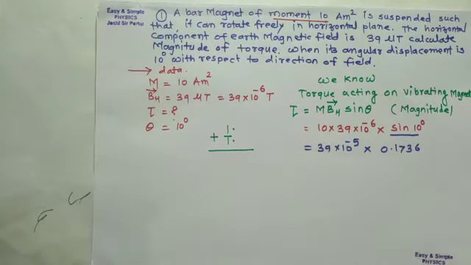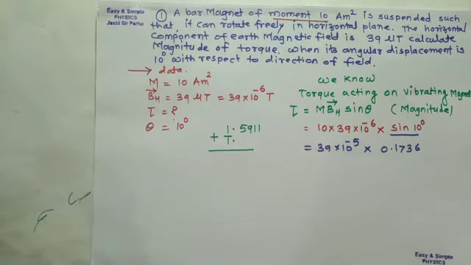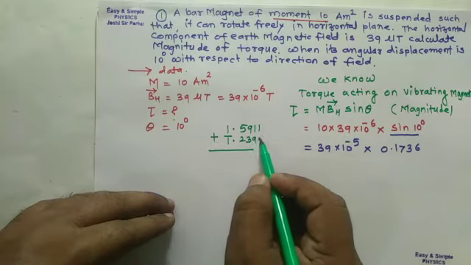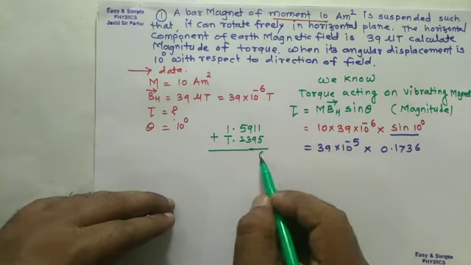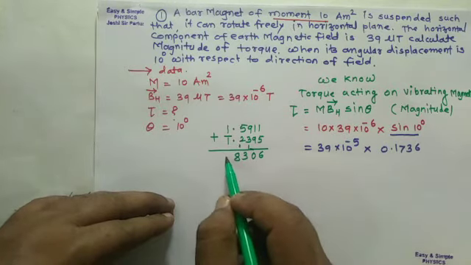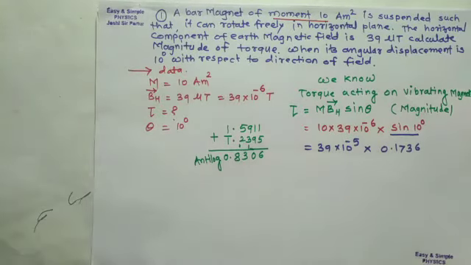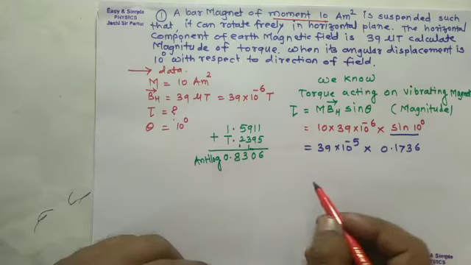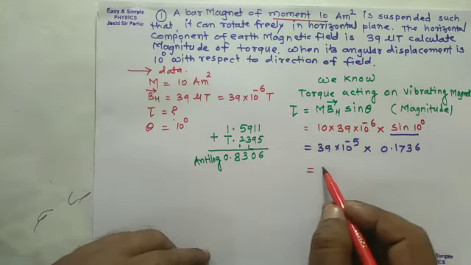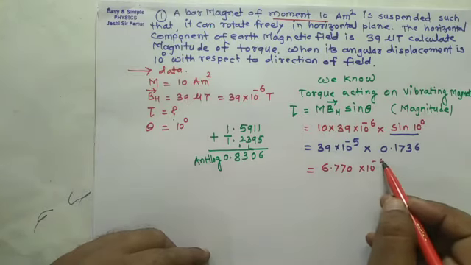So 39 in 0 will be 5911 and 17 in 3, 6 in mean difference, will be 2395. If we add 6, 10, 13, 8, the addition will be 0.83. Take its antilog. The antilog of 0.83 in 0, 6 in mean difference, will be 6.770 into 10 to the power minus 5.